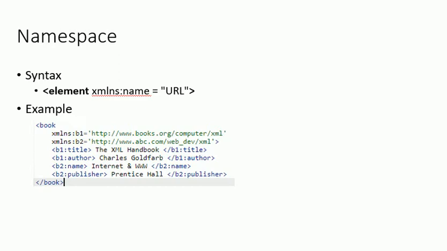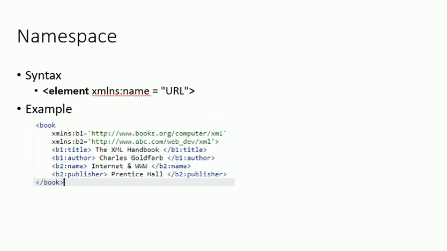Now, when combining these XML documents, which one should the XML compiler process? To overcome such problems or to avoid such naming conflicts, we can declare namespaces in an element, and all elements under that will inherit this namespace.